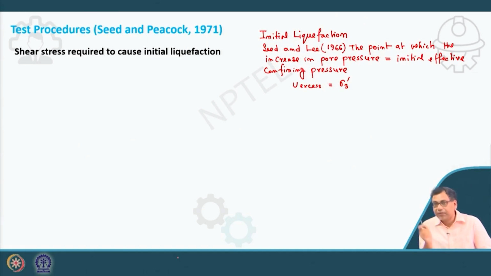So it is the confining pressure at that point. If your generation of excess pore water pressure u is equal to the effective confining pressure sigma 3 dash, then that is called initial liquefaction, or your r u is equal to 1. What is r u? That is called the pore water pressure ratio or pore pressure ratio. r u is the pore water pressure ratio.